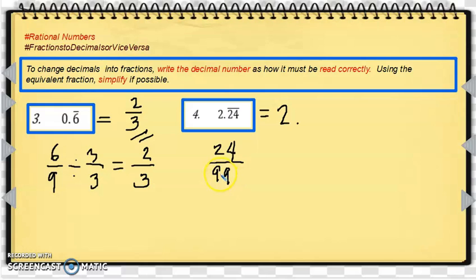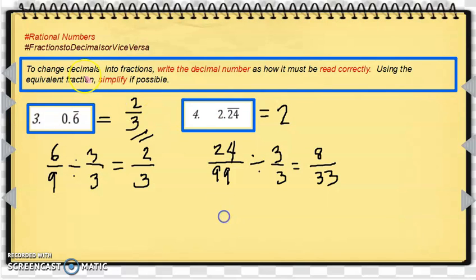Now 24 and 99 are both divisible by 3. So we divide the numerator and denominator by 3. 24 divided by 3 is 8. And 99 divided by 3 is 33. So we have 2 and, sorry, I'm going to remove this one. Okay.